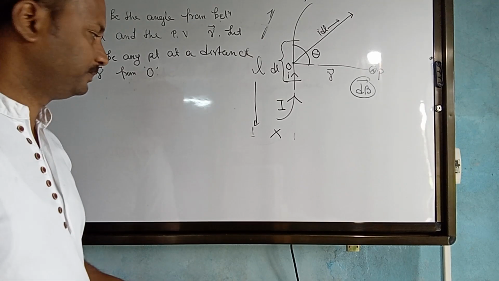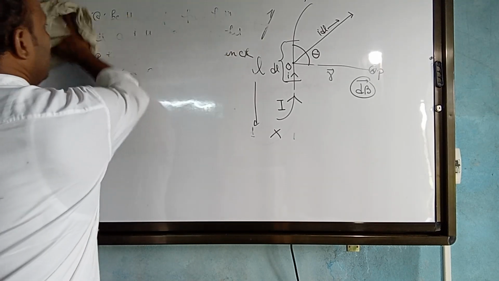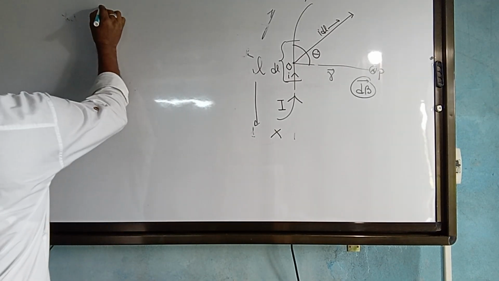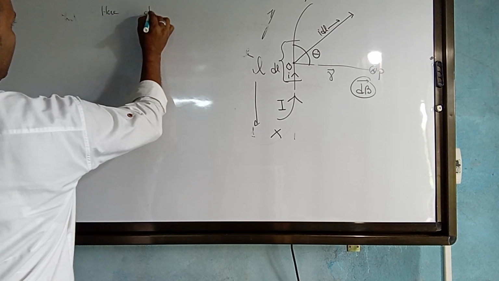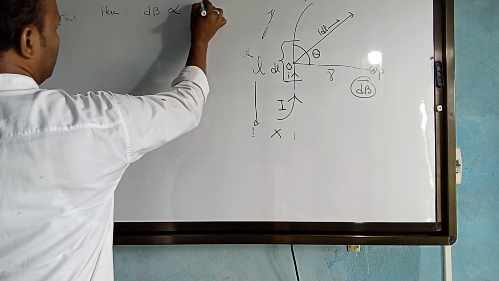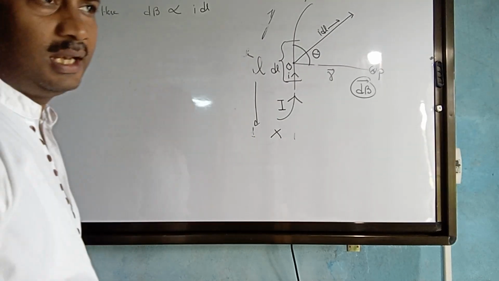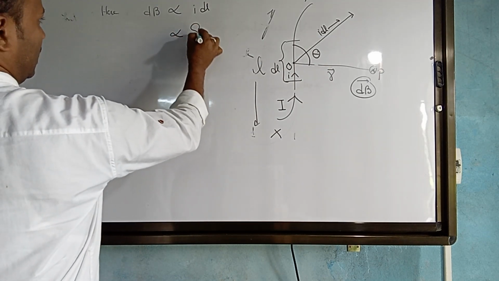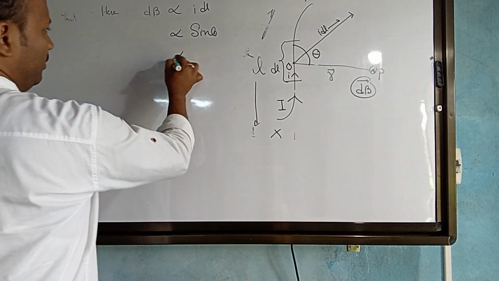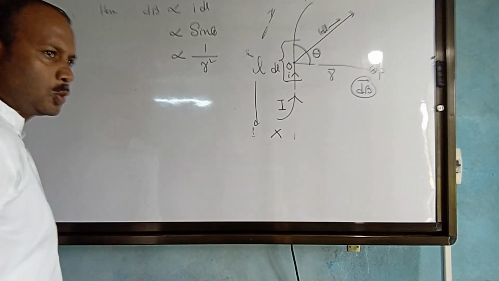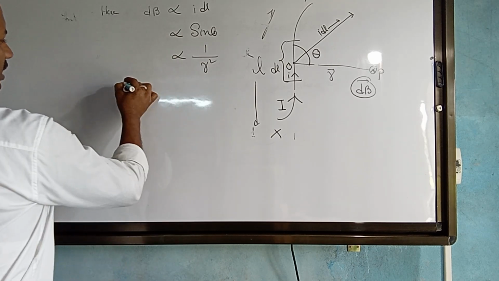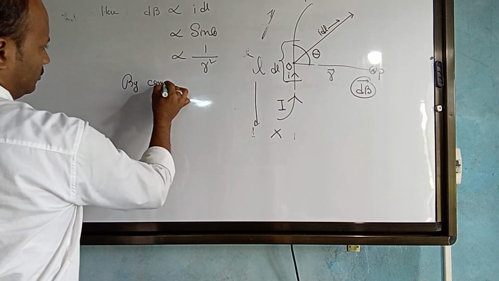Now look at this. The magnetic field dB is proportional to the current element I dl, dB is proportional to sin theta, and dB is inversely proportional to the square of the distance, 1 by r square.